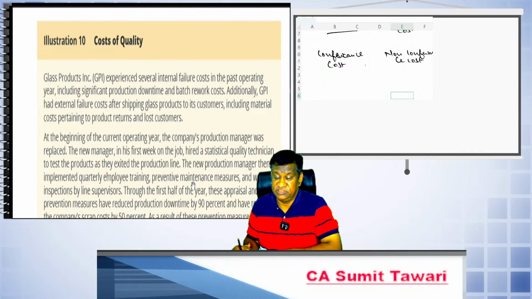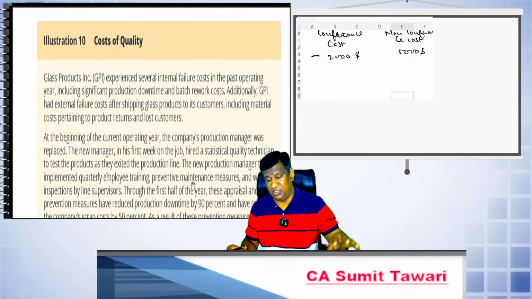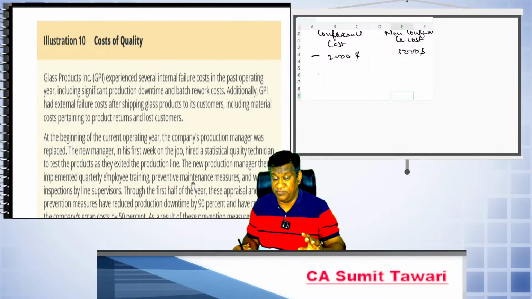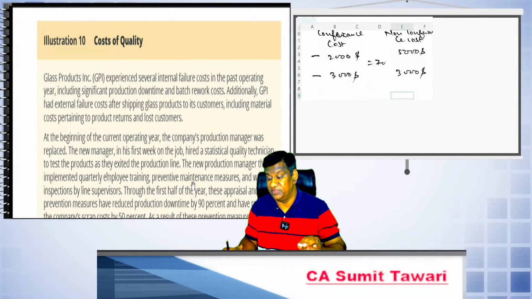Say earlier you spend 2000 US dollars here and 5000 US dollars there. Now when the new manager came, he implemented a program, and because of that the cost here is $3000 and here also it is $3000. Then it makes sense, because the total here is $7000 and here the total is $6000.